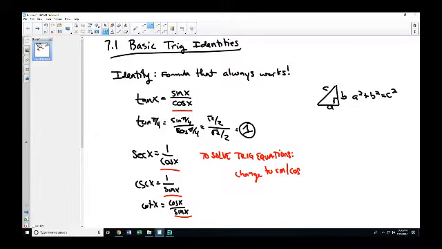Because the unit circle operates off of sine and cosine, right? So if we can make it a unit circle problem, it's going to be a much easier problem.